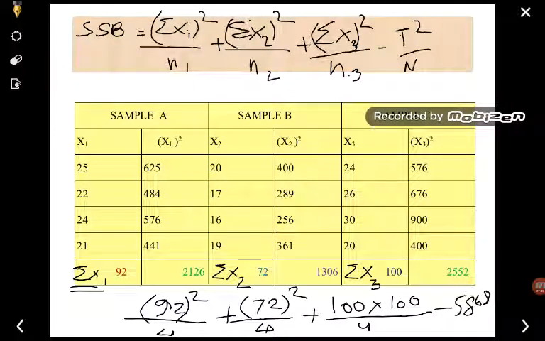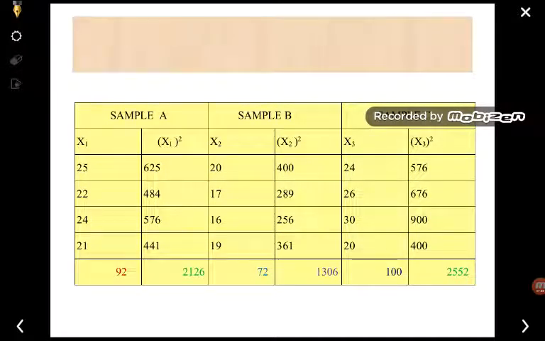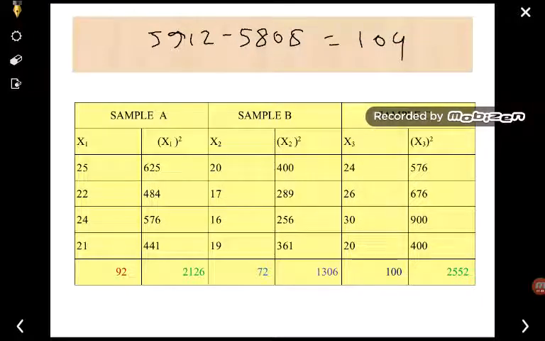After subtracting, 5912 minus 5808 equals 104. So SSB, the sum of squares between the samples, is 104.